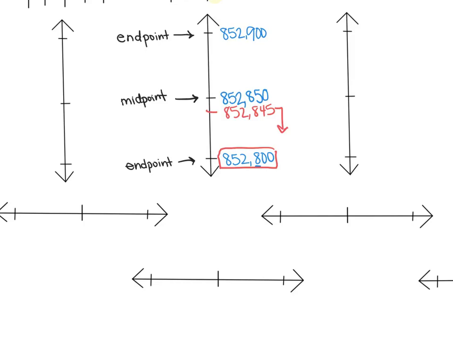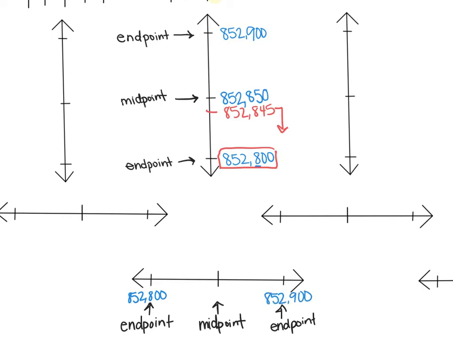We can do the exact same thing on a horizontal number line. So we have our two endpoints, which we can see our lower endpoint is right here, and in our place value chart, so write that here. And our upper endpoint is right here, and in our place value chart, which we're going to write right here. The midpoint again is exactly between 800 and 900. So everything before that stays the same.